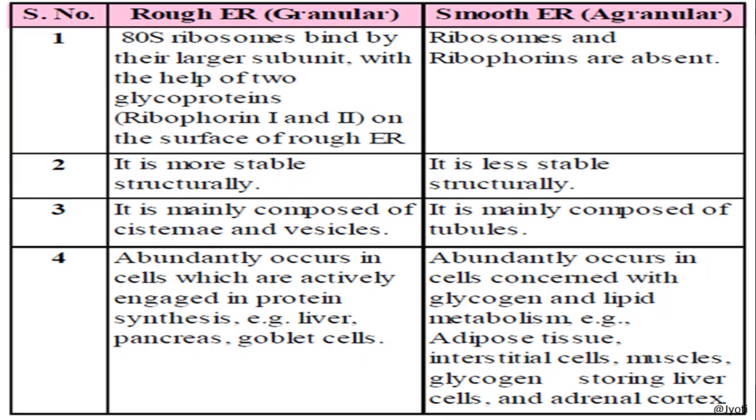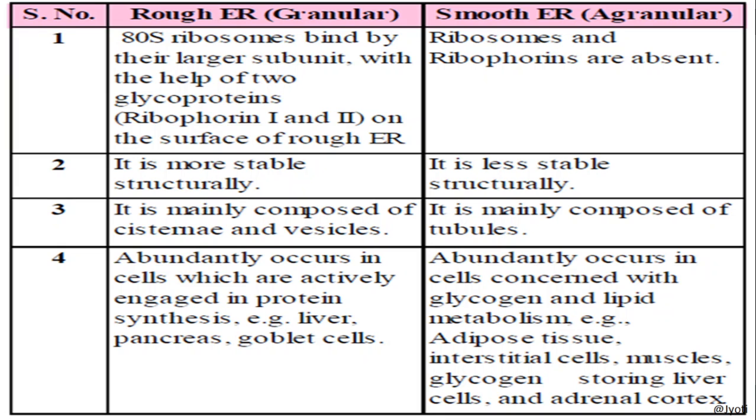So these are some of the differences between rough endoplasmic reticulum and smooth endoplasmic reticulum. The rough endoplasmic reticulum contains ribosomes on its surface, so its appearance is rough, and in smooth endoplasmic reticulum the ribosomes are absent, so the surface is smooth.